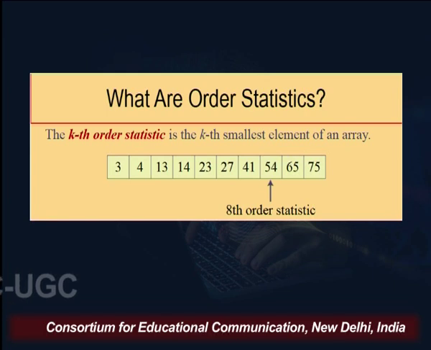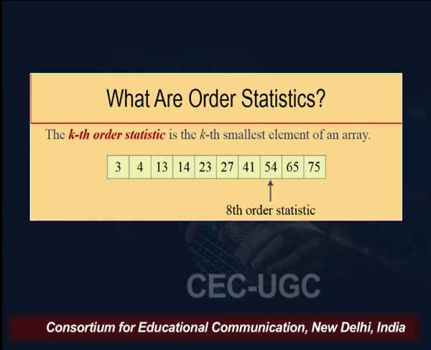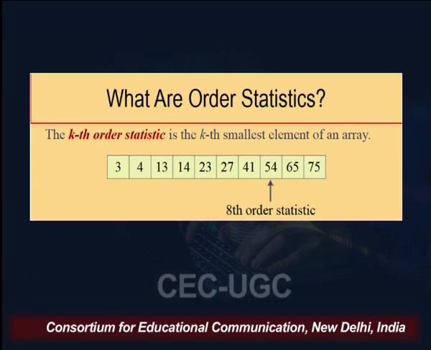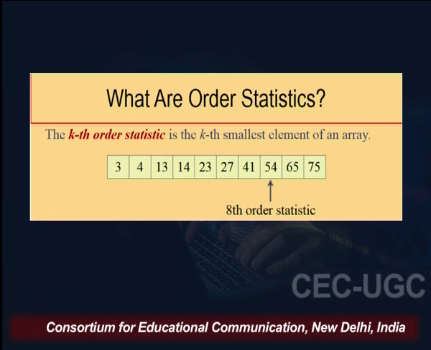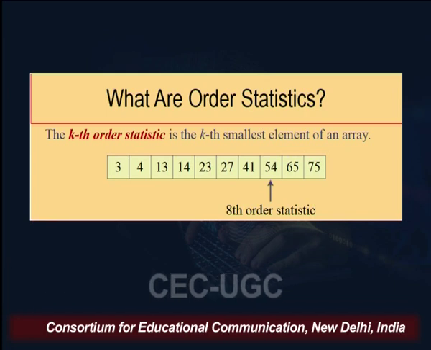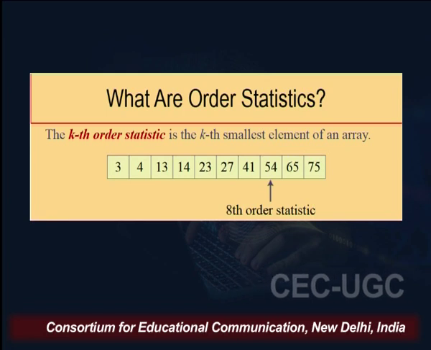The nth order statistic, here the 10th, is 75. And for any other kth number in between, we have the 8th order statistic, pointed here in the figure as 54, because this is the 8th smallest element. So now I hope you understand what order statistics is.